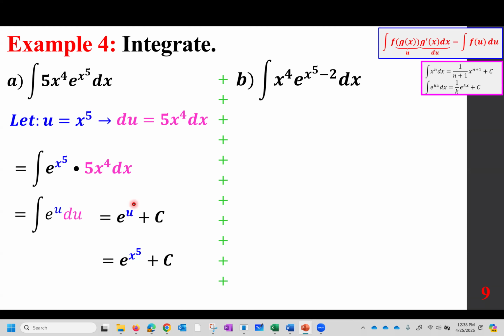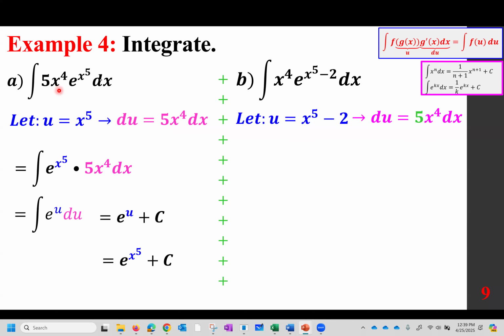This is a similar question. x to the power of 4, e to the power of x to the power of 5 minus 2 dx. When I take the integral again, since you're dealing with the exponential, the exponent is a choice of u. If I differentiate this, I get 5x to the power of 4 again. So du is the same thing, 5x to the power of 4 dx.